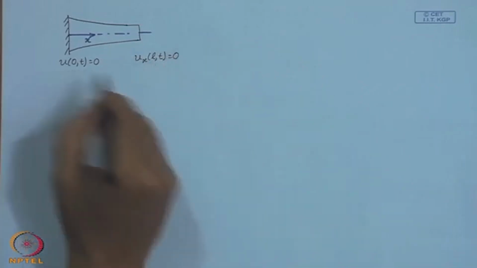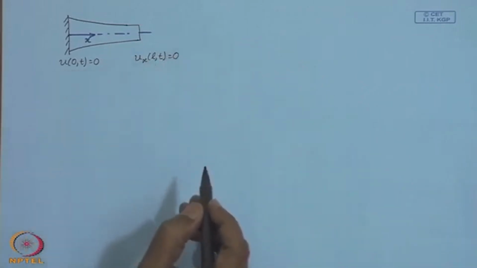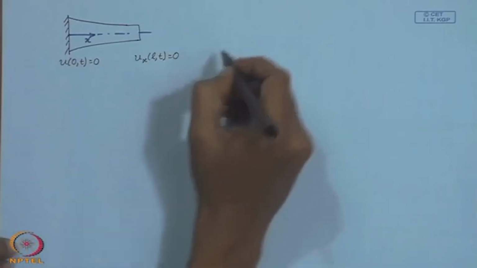So, these are the boundary conditions at the fixed and the free ends.